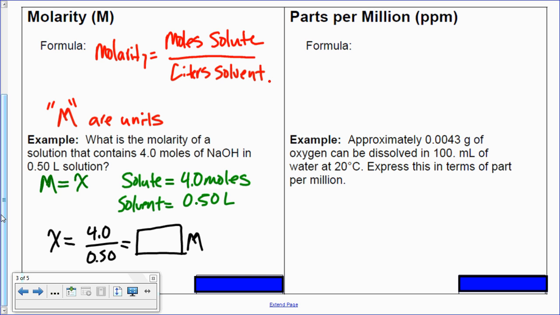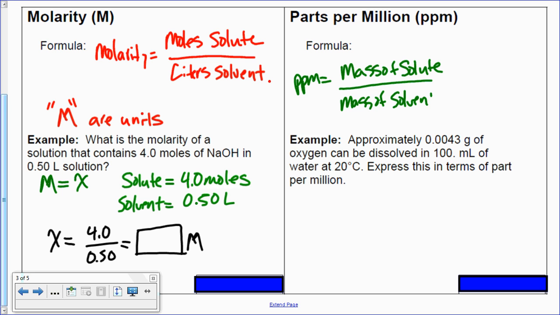And let's move on to the other calculation, parts per million, or ppm. The formula you got to use here is ppm equals the mass of solute over the mass of solvent. Now, instead of times 100 like we do for percentage, we're going to multiply by a million.